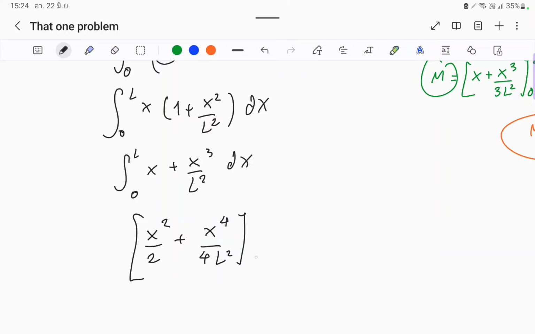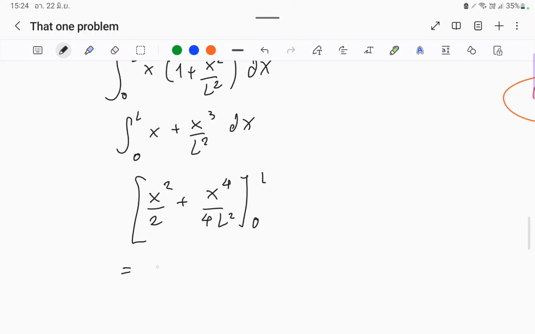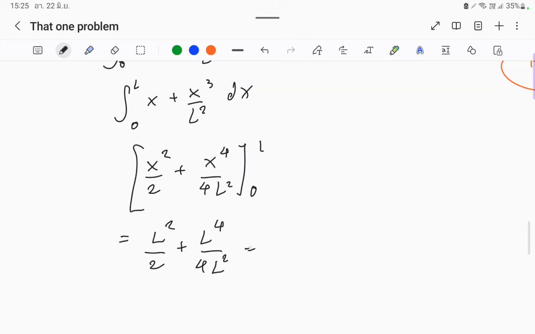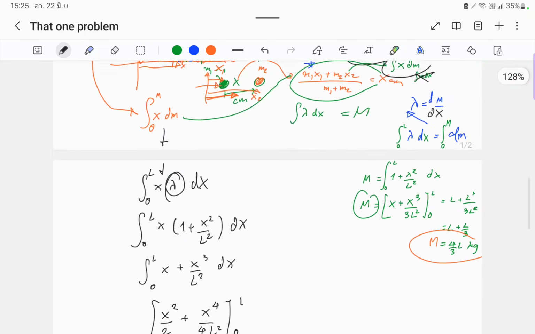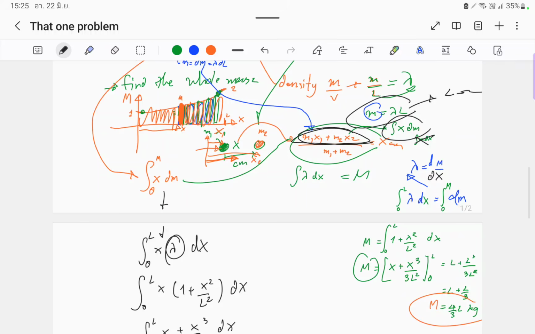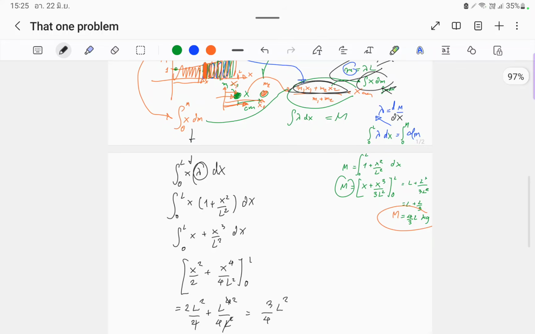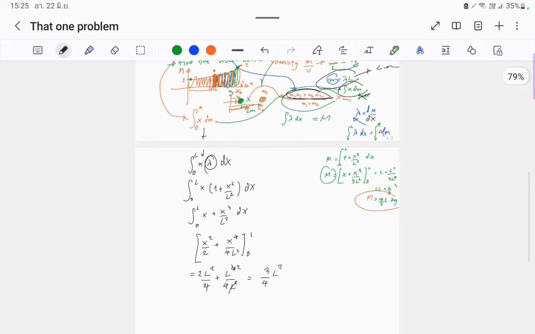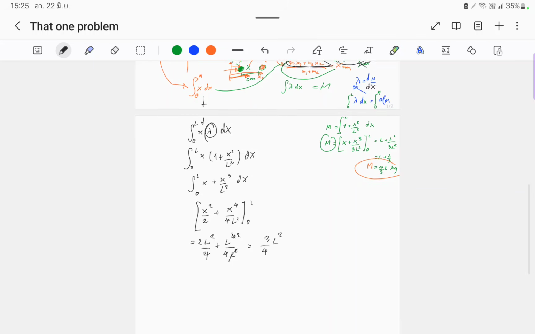And then you do this, and you get L squared plus 2 plus and so on. Then this cancels out, L squared by 2 and by 4, and you multiply this by 2, and you get 3/4 of L squared. And this thing is this value here, so you can calculate XCM now from these two values that you got.